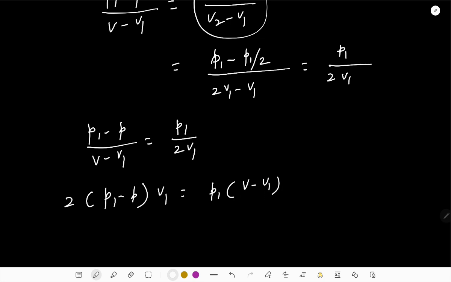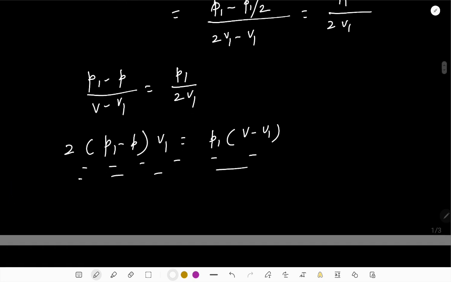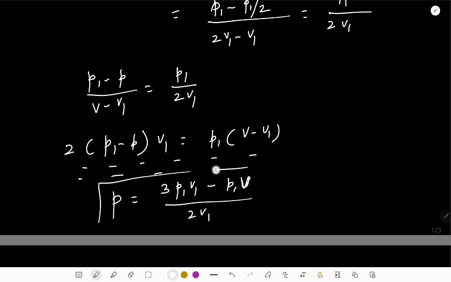But I will leave some steps here so that if somebody is practicing with it, he or she can go further and find P in terms of P1 and V1, and this will come like P equals 3 P1 V1 minus P1 V divided by 2 V1. This is also my statement here.